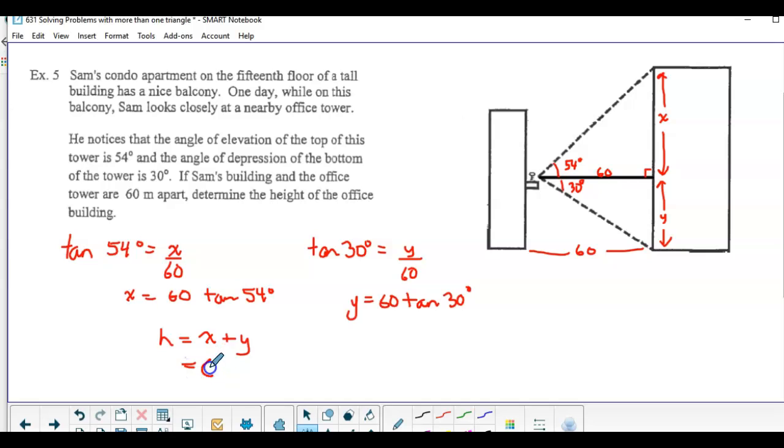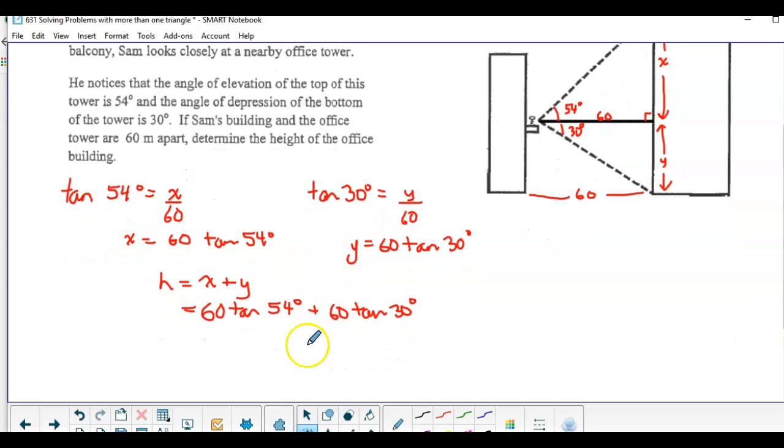So again, we can just do it all in one step rather than finding the decimal form of each, having to round. So we can go 60 tan 54 plus 60 tan 30. Notice when it's ones like this, you could actually factor out the 60, right? And go 60 times.